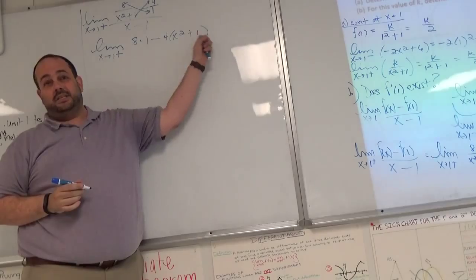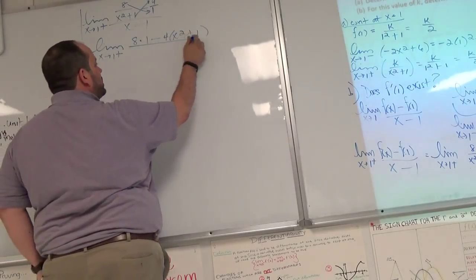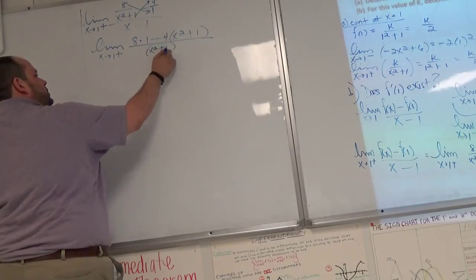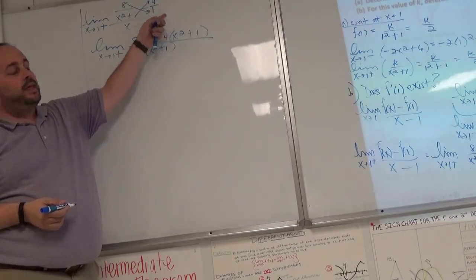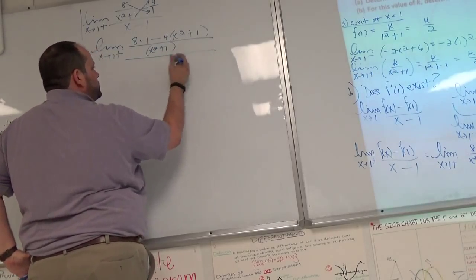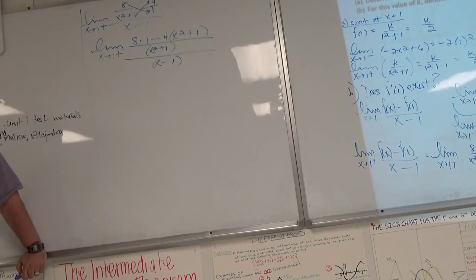Don't forget those parentheses. They are mission critical. The denominator is x squared plus 1. Right, it's the product of the denominators. The thing that I keep seeing happening with our limits is we're forgetting that there is also x minus 1 in the denominator.